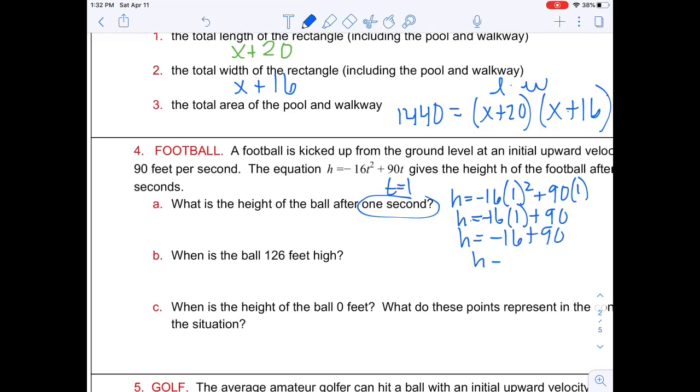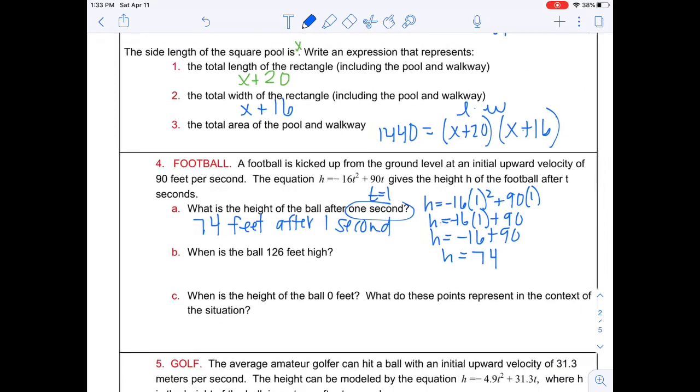Negative 16 times 1 is negative 16, and negative 16 plus 90 is 74. So the height is 74 feet after 1 second.